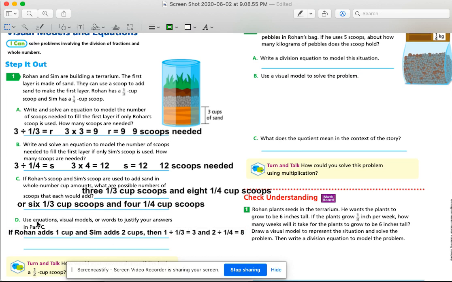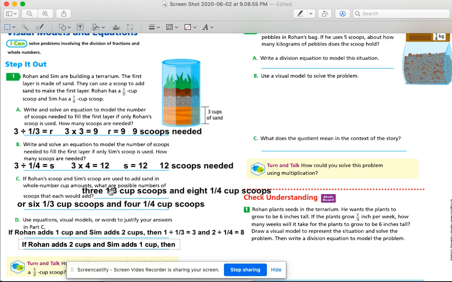Okay, or if we did the opposite, the second option, it would look like this. Let me bring this down over here. So if Rohan adds 2 cups, and Sim adds 1 cup, giving us a total of the 3 cups we need for the sand, then just demonstrate the equation.